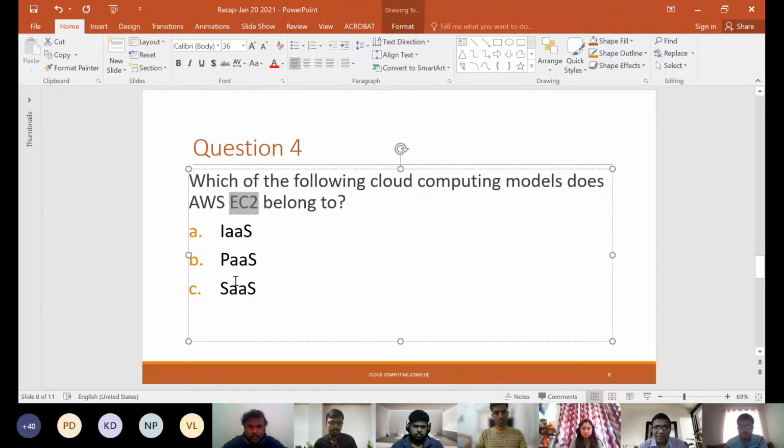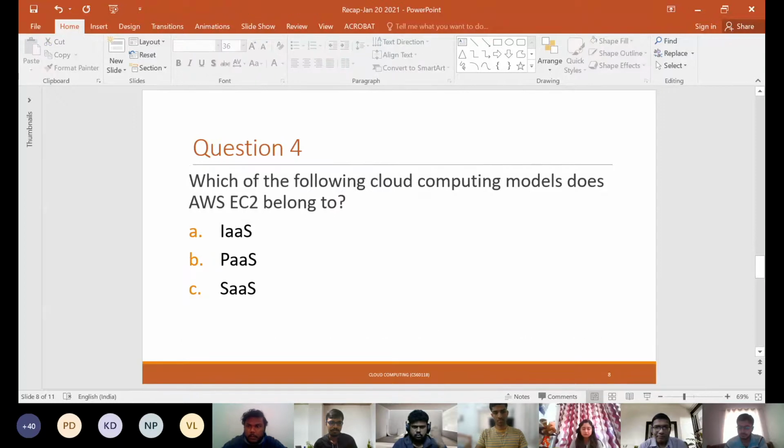Sir, it is infrastructure as a service. Everyone, infrastructure as a service? Yes, sir. Okay, very good. You guys are quite knowledgeable. Infrastructure as a service.